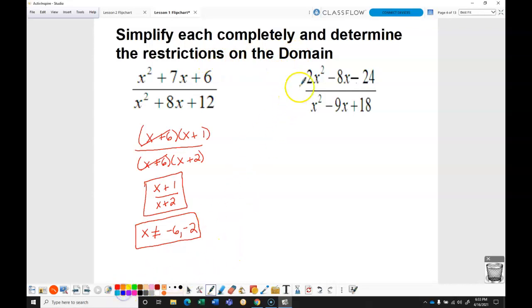Okay, with the second one, I have a common factor. I think we've already done this one by itself. We actually did this in the beginning, but we didn't have time to talk about the restrictions on the domain with it. So I'll get it back into factored form. This is one we did, I think, on the second slide. So I'll get it back into factored form, which would be 2, and so that's 4 and that's 12.